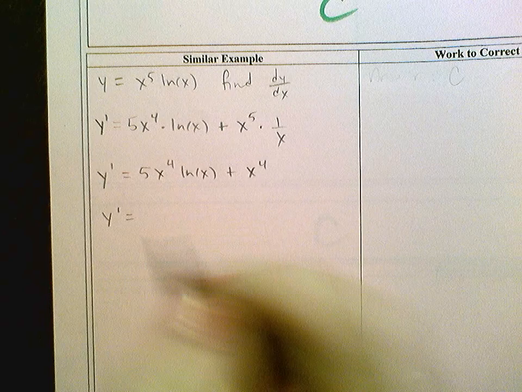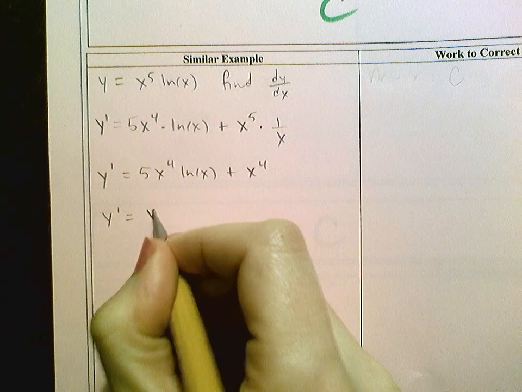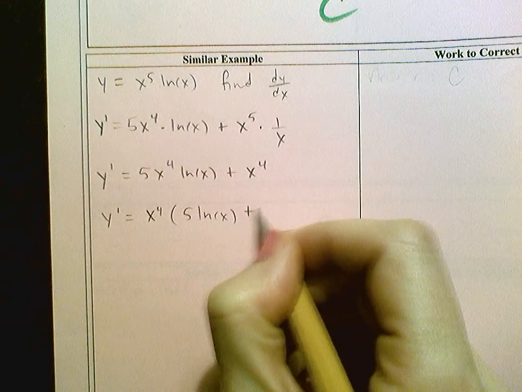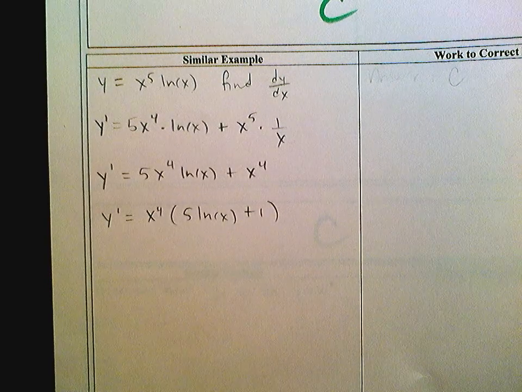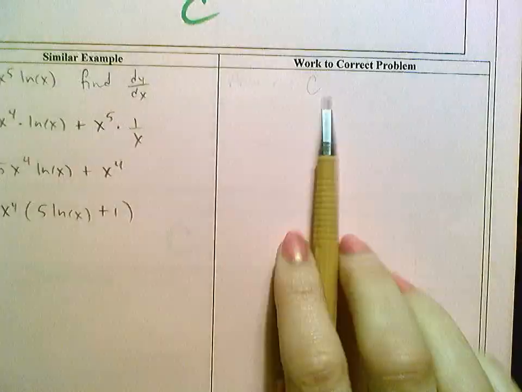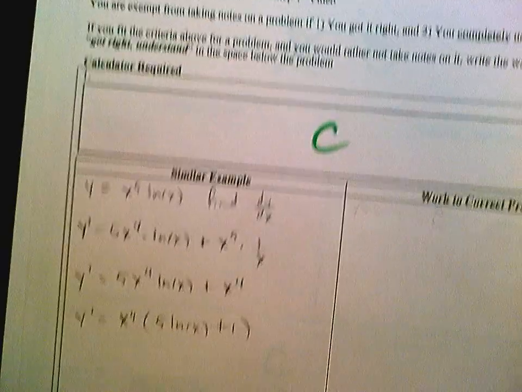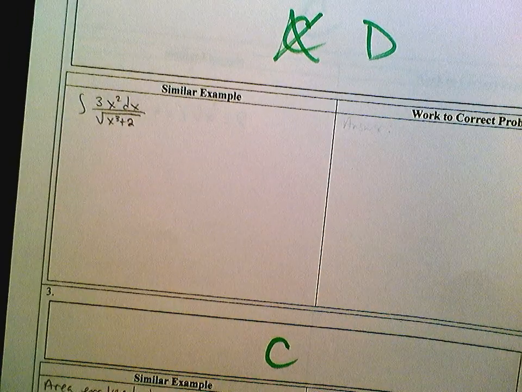So here we go: x to the fourth times (5 natural log of x plus 1). Now move to the work section and do work for the problem until you can justify picking that as an answer. Then I'm going to move on.